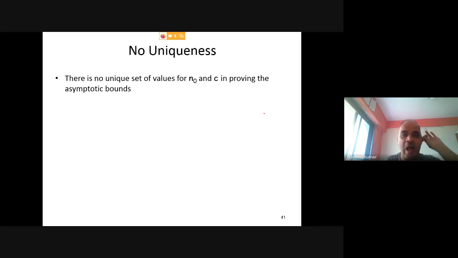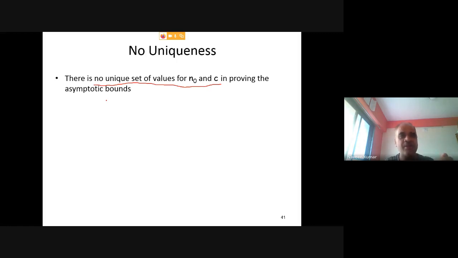One student asked a question in the last lecture, towards the end, that we may have different C and n0 for a given function. Yes, true. There is no unique set of values n0 and c in proving the asymptotic bound. Some student may come up with 32 instead of 31, and for n0 may take 9 instead of 8. After 9 also that condition is true.